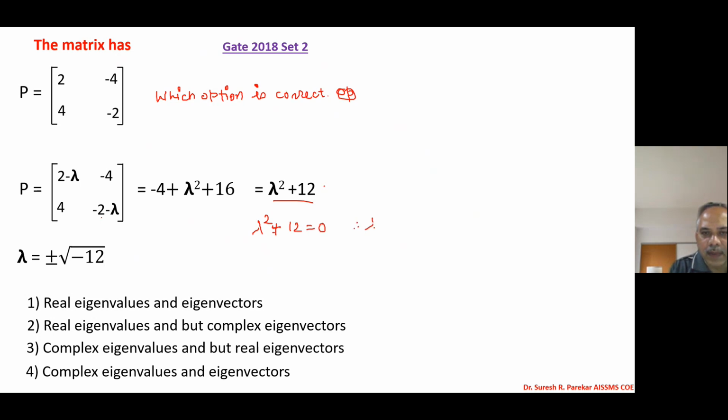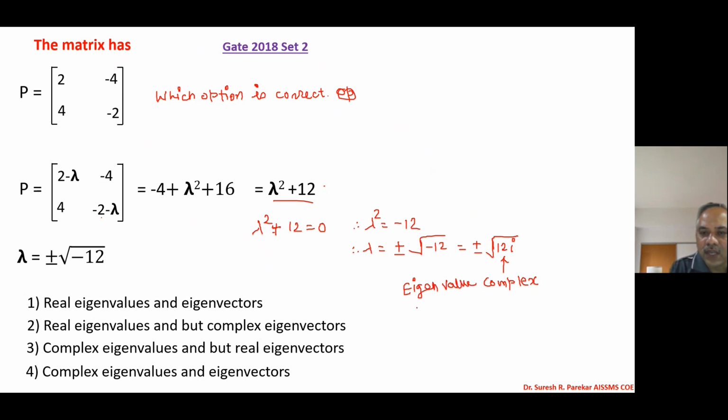Therefore lambda square is equal to minus 12, and from this lambda is equal to plus minus root of minus 12, which is plus minus root of 12i. And now this is complex because i is there. So if my lambda is complex, that is, the Eigen values are complex.